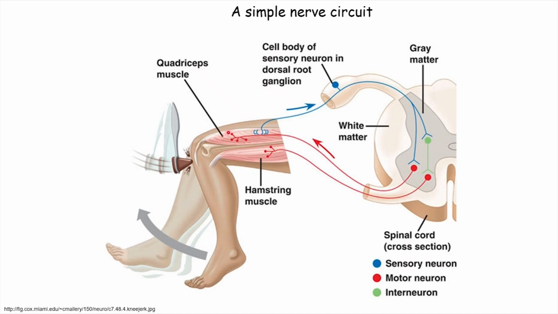When the quadricep muscle is extended, the sensory neuron is activated, and the axon of the sensory neuron goes to the spinal cord, and in the spinal cord it makes a contact with a motor neuron that comes back to the same muscle, the quadricep muscle.